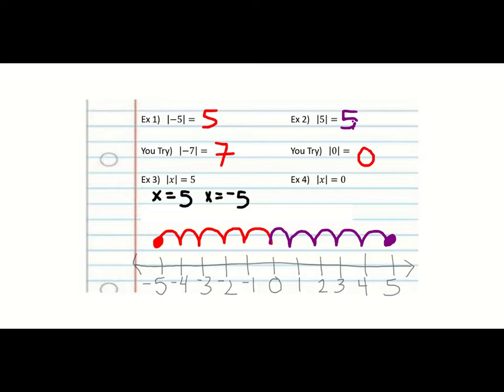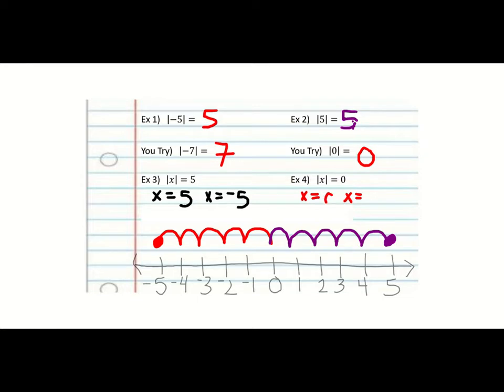If we look at this fourth example, the fourth example says the absolute value of x equals 0. So if I set up my two problems, x equals and x equals, I would want to set the first x equal to a positive 0 and the second x equal to a negative 0.